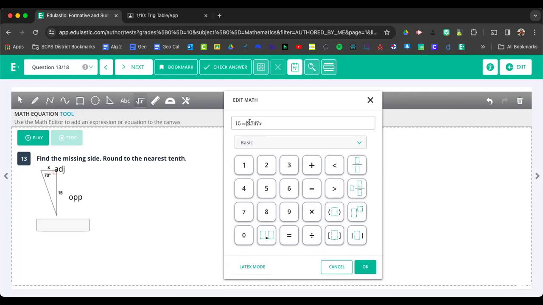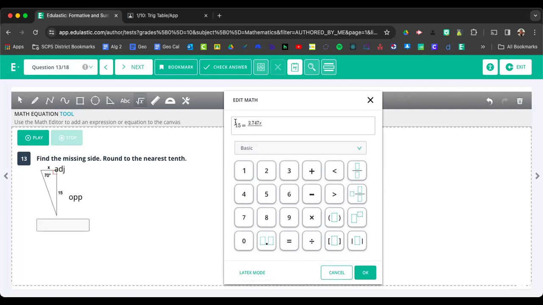To simplify that, that's all it is. Now to get the x alone, we need to divide by this number that we have right here, 2.747. And then we have to do the same thing on this side. Divide by 2.747.